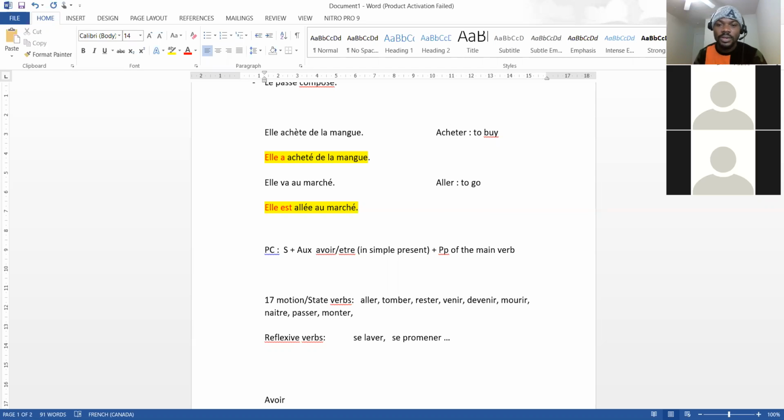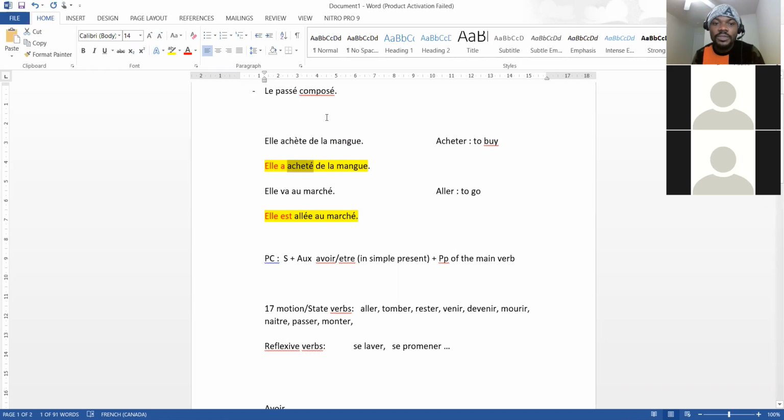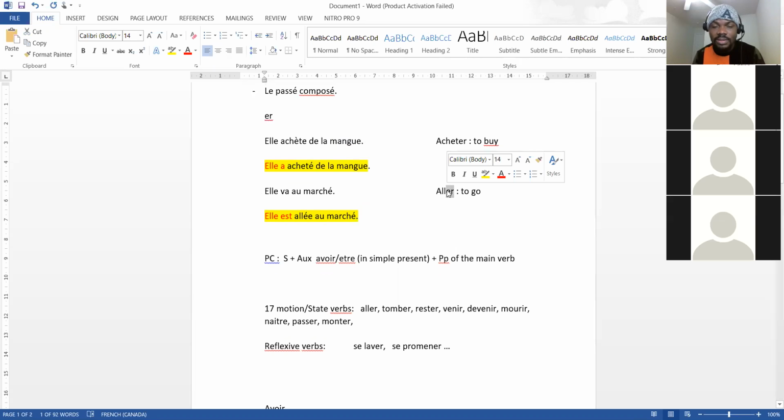So now, how do we get to acheter and aller? Now let me say this generally, like all first group verbs, they end with er. That's what you have here, acheter or aller.